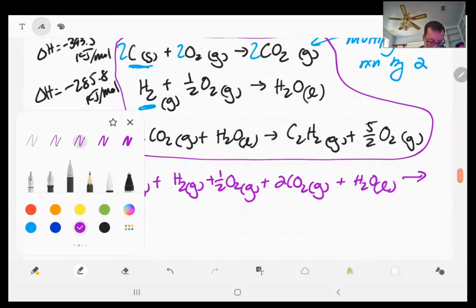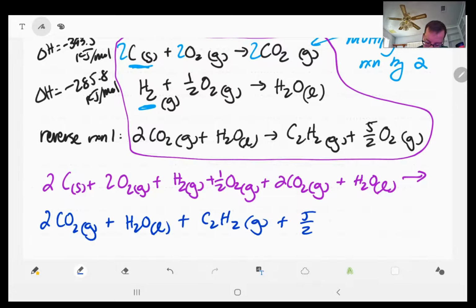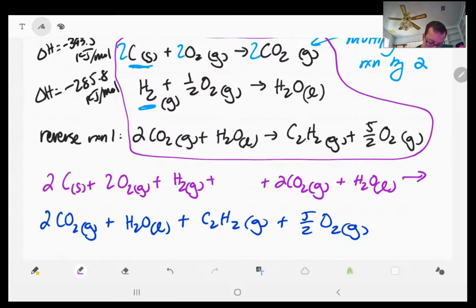Let's do all of our products, and I'm going to do them in a different color so we can see. We've got 2 CO2 plus H2O plus acetylene plus 5 halves O2. So what you'll want to do is combine like terms so everything is very clear. Right now that means that we need to combine this half oxygen with this 2 oxygen. That gives us 5 halves.